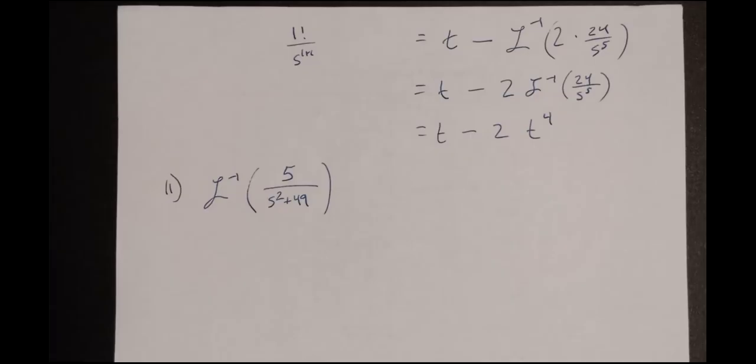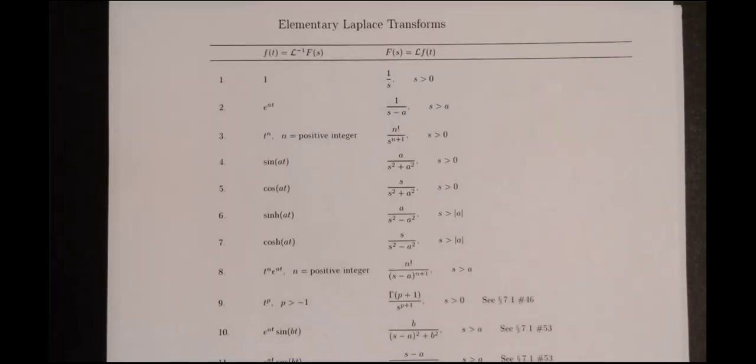So I start looking at my list of Laplace transforms. What do you see that at least kind of matches the pattern for our Laplace transform that we want out?